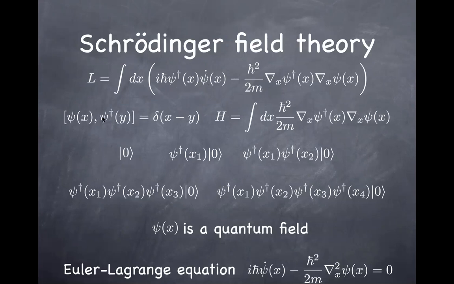So that gives you this canonical commutation relation that psi of x is the coordinate, i h-bar times psi dagger is the momentum, which is supposed to give you i h-bar with this delta function normalization. So I already canceled i h-bar from both sides of the equation so that psi and psi dagger now satisfy this algebra, relevant for annihilation and creation operators.